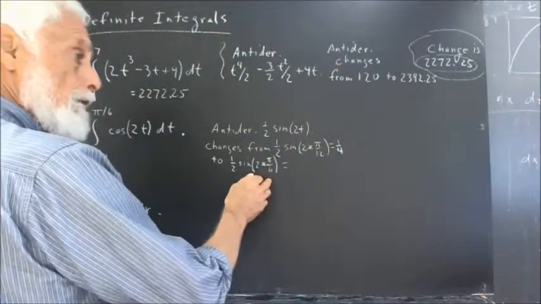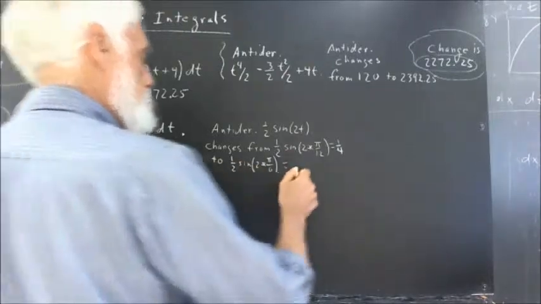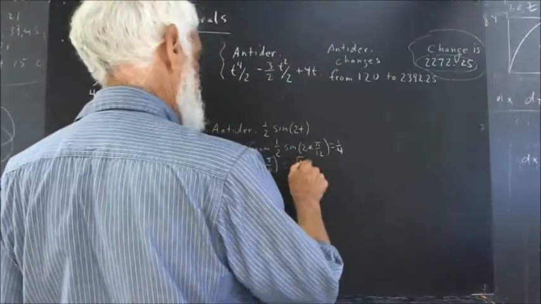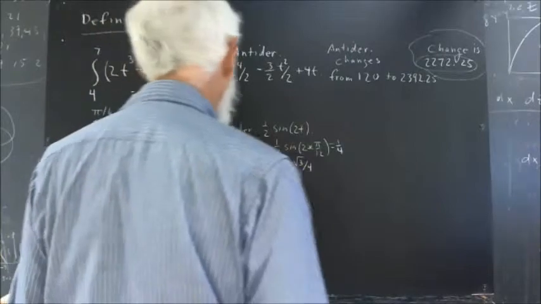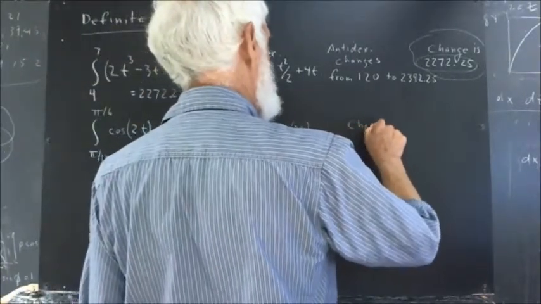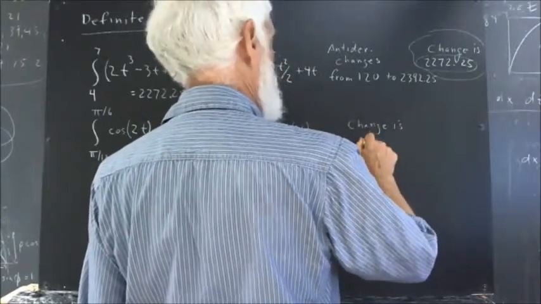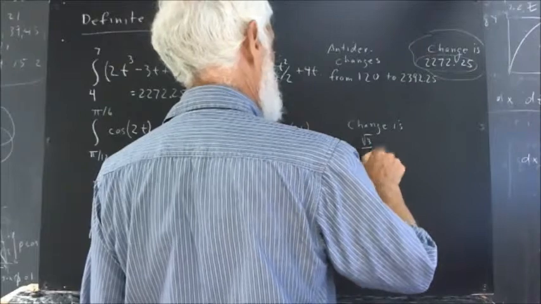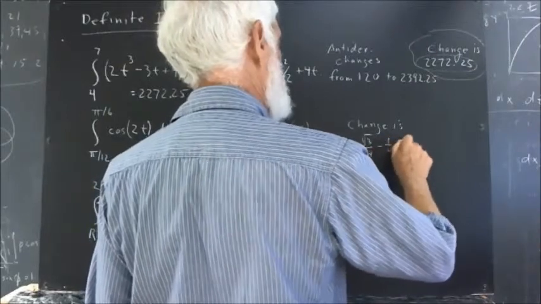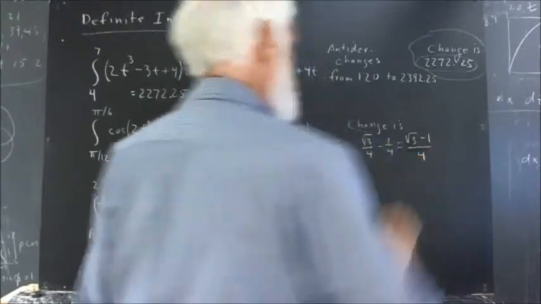The sine of pi over 3 is the square root of 3 over 2, as you should know, and half of that would be the square root of 3 over 4. So the change is square root of 3 over 4 minus 1/4, which is the square root of 3 minus 1, divided by 4.